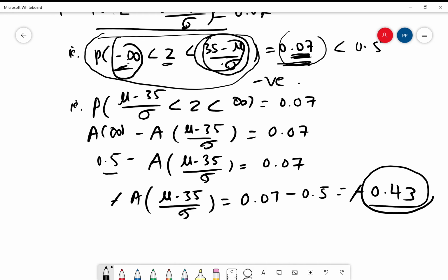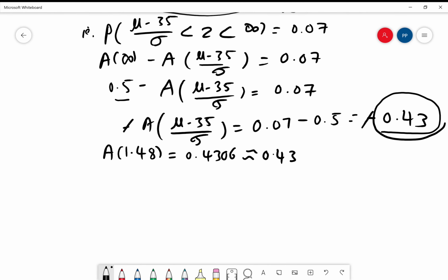From the table, you can find that A of 1.48 is equal to 0.4306, which is nearly equal to 0.43.